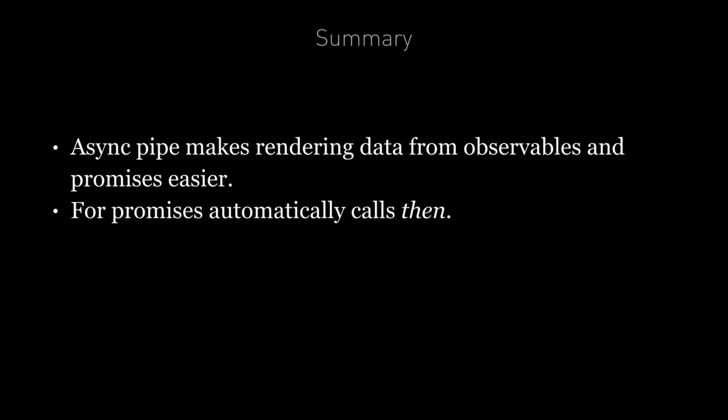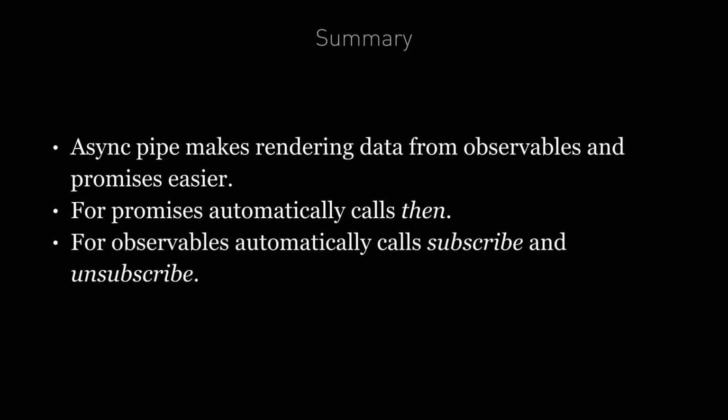For promises, it automatically adds a then callback. And for observables, it automatically subscribes to the observable, renders the output, and then also unsubscribes when the component is destroyed. So we don't need to handle the cleanup logic ourselves.